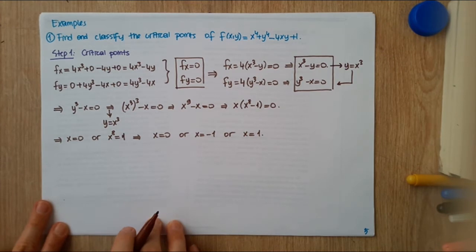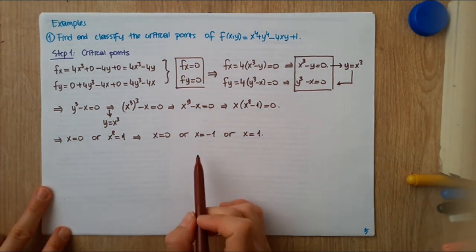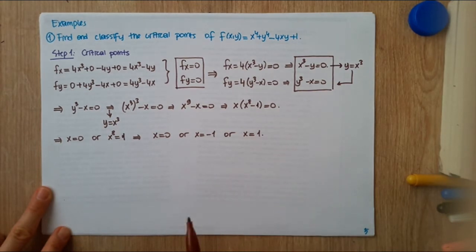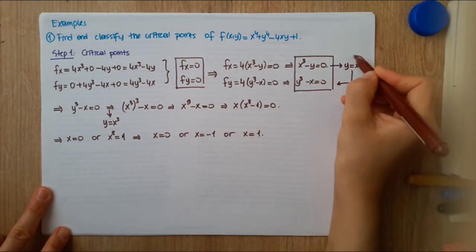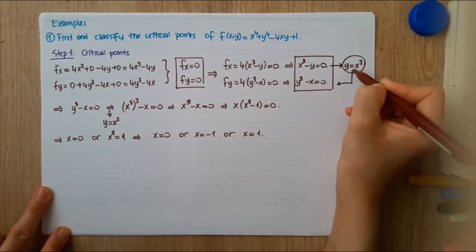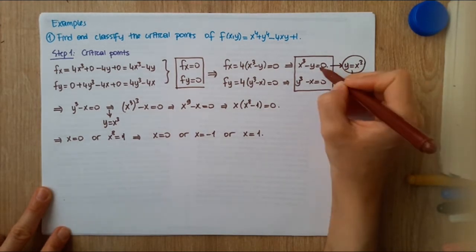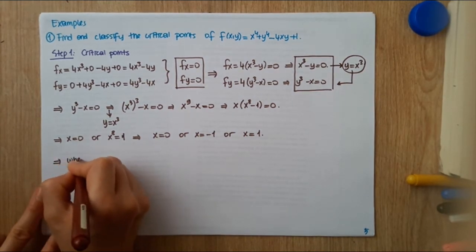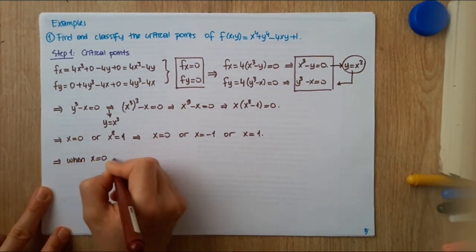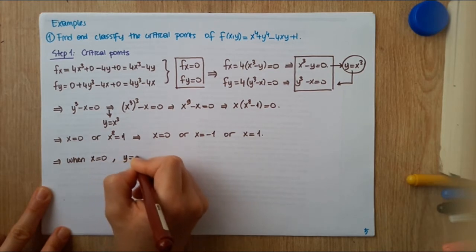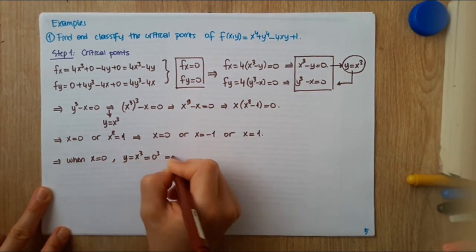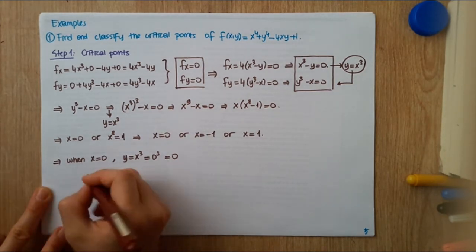Okay, so we have possibilities for x's. It's time to calculate y. So to do this, I will use that equality, because at the beginning I assumed that y is x cubed. So when x is 0, y is x cubed, we have 0 cubed, so y is 0.